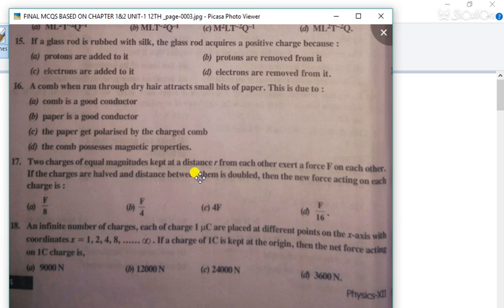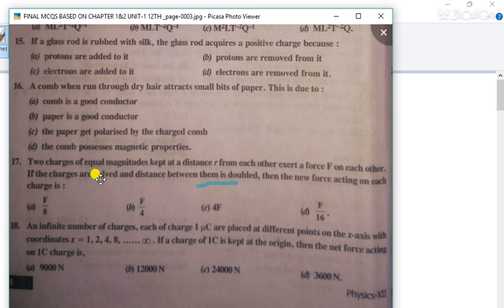Two charges of equal magnitude are kept at distance r from each other and exert a force. If the charges are halved and the distance is doubled, this is also Coulomb's law.